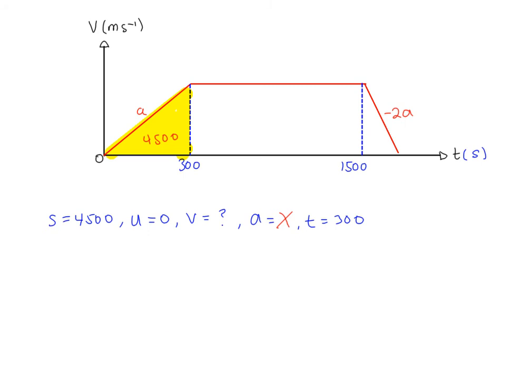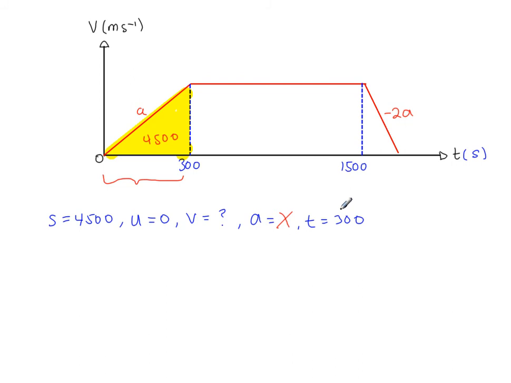So for the initial acceleration part of the journey, so just this stage, so ignore the rest, just this stage here. So we have the distance, initial velocity, final velocity we don't have. I don't want to know the acceleration yet, and t is 300.